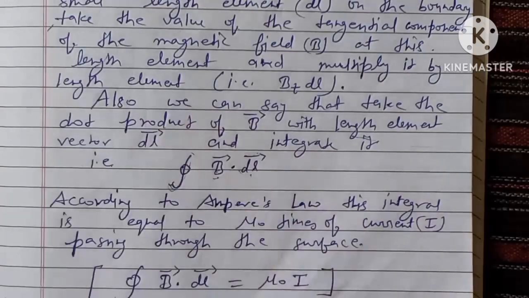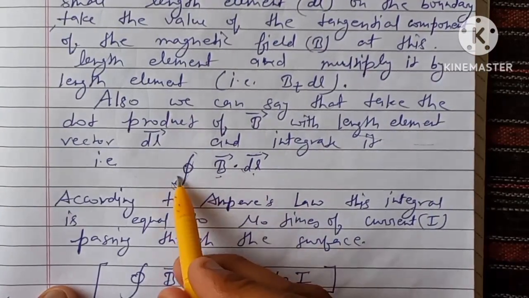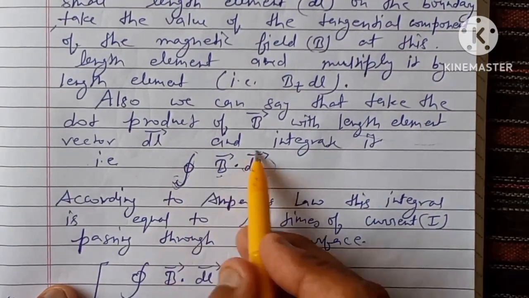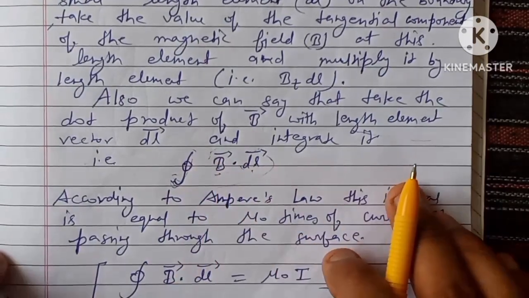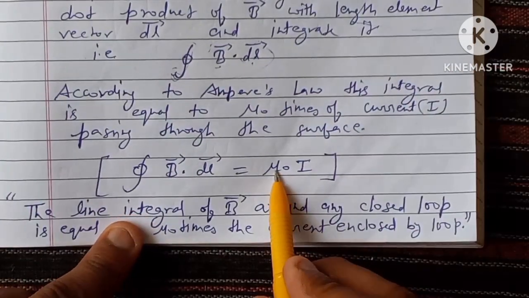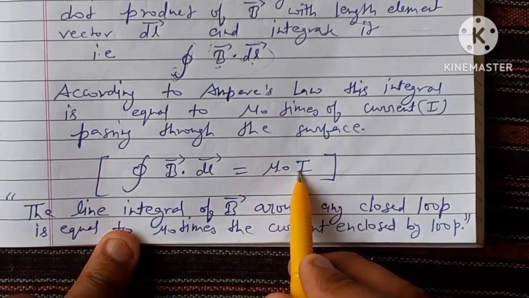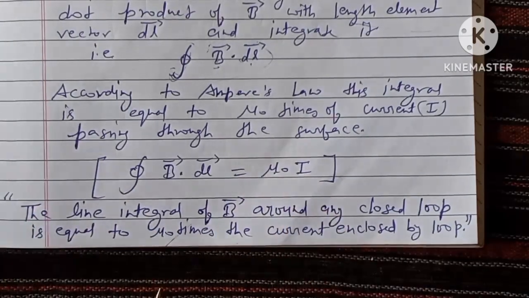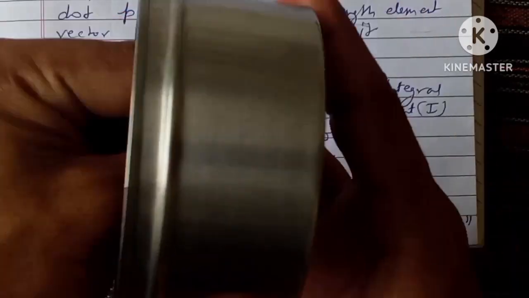Then according to Ampere's law, the value of this integral will be equal to mu naught times the current which is passing through this closed surface.